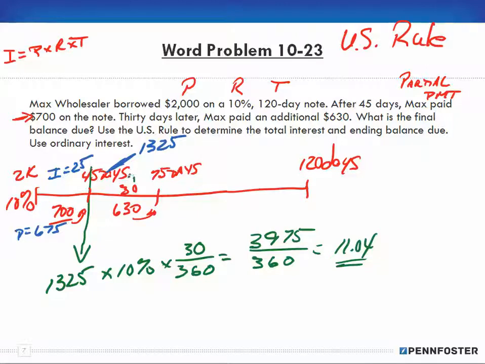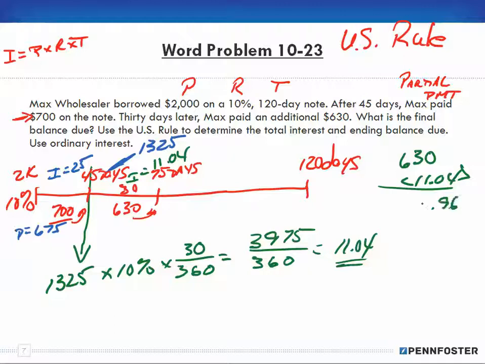Interest is equal to $11.04. Now, a payment of $630 was made, right? And we subtract out the $11.04 of interest because that gets paid first due to the U.S. rule.